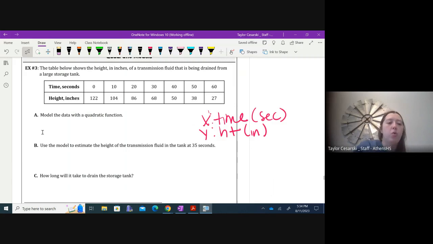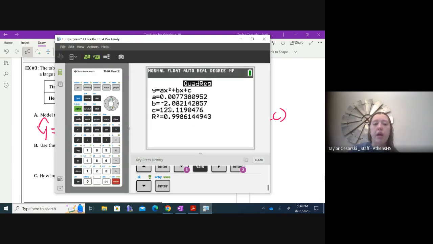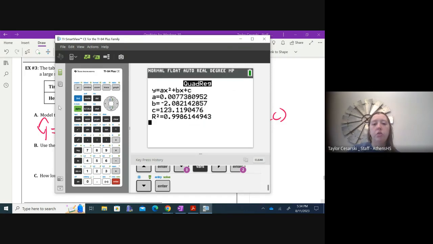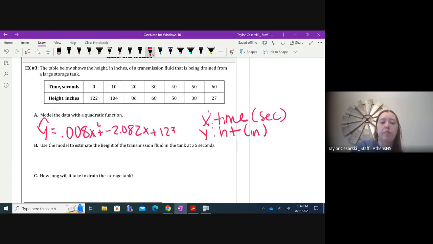So it's going to look like y hat, predicted y, is 0.008x squared plus, or it's really minus, but minus 2.0x plus 123.119. Okay. And again, I've defined my x and my y.